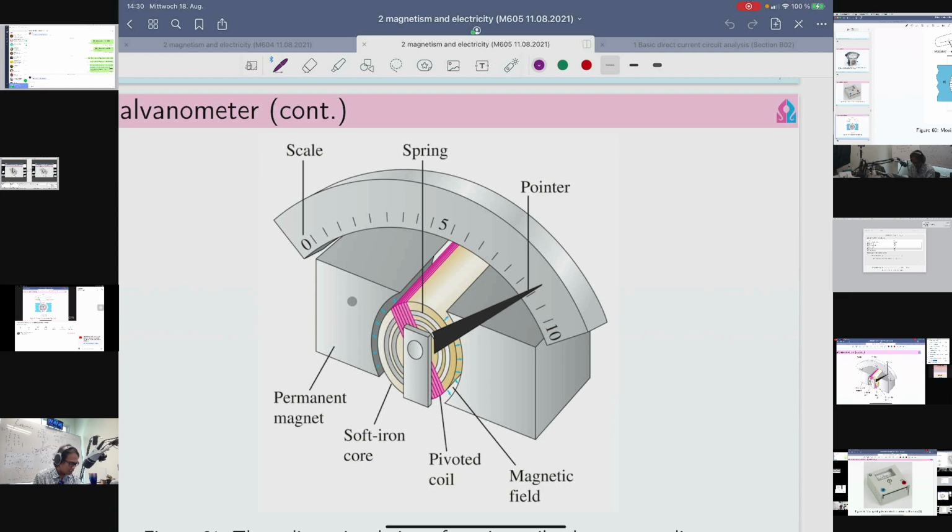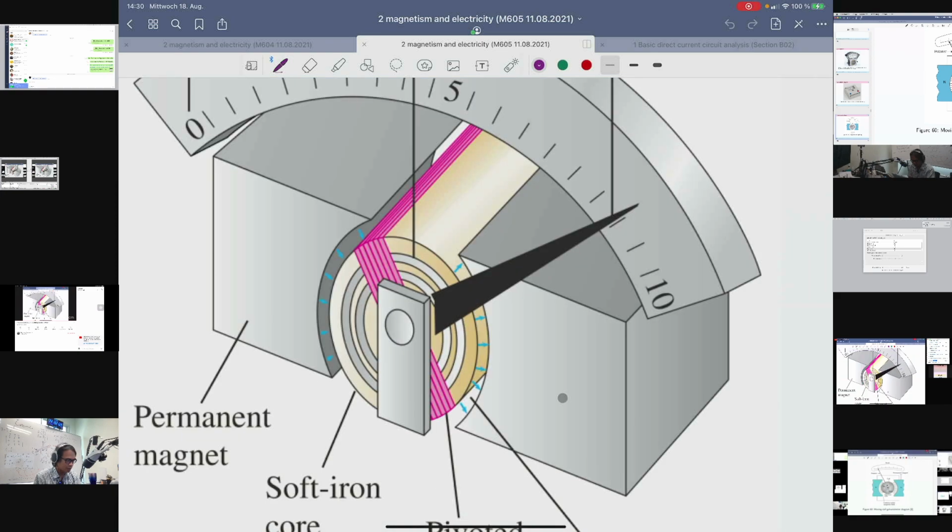We realize that this is the north pole, because the north pole lets the magnetic field lines start from it, and they reach the south pole of the permanent magnet. And of course there is the pointer or needle, and a spring to bring the shaft back to the original state, which is the zero position here.